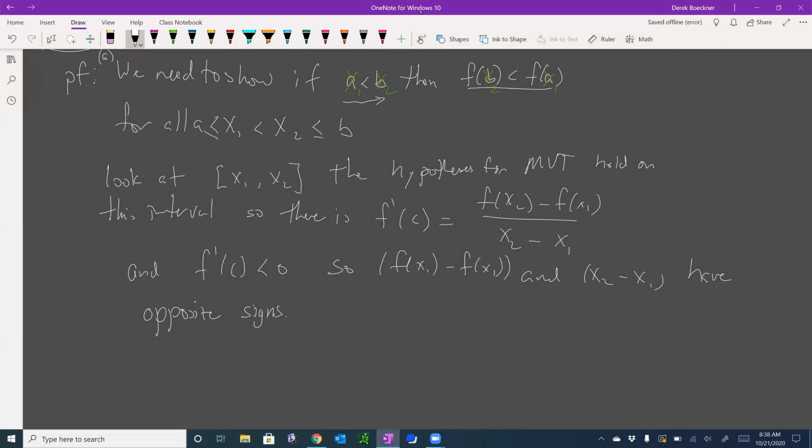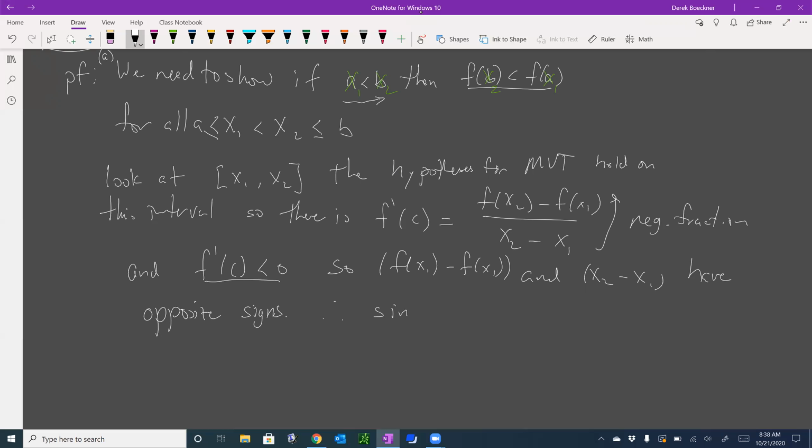This is negative, and for this fraction to be negative, the numerator and the denominator have to have opposite signs, right? Okay.